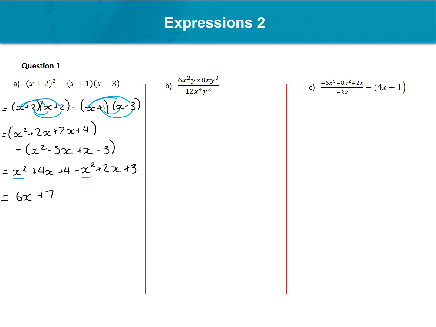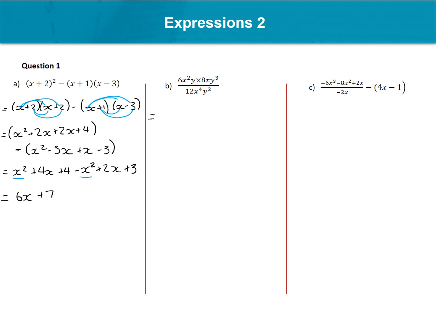We have 6x²y times 8xy³ over 12x⁴y². So the first thing we need to do is assess the numerator. We're multiplying, which means any coefficients are multiplied, but any powers of x or y or any variable, you add them.